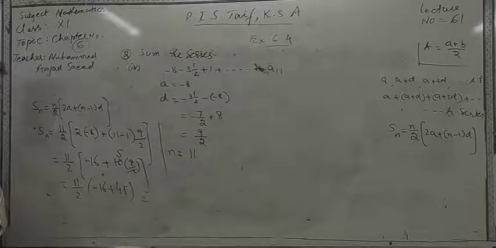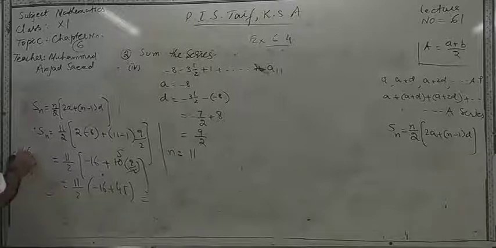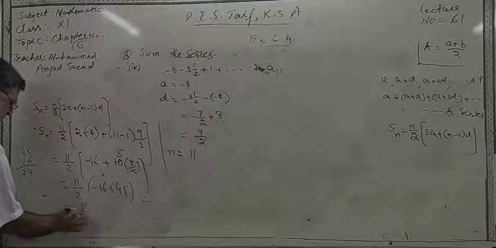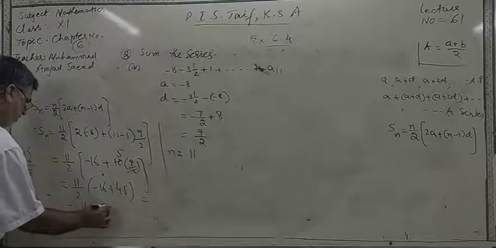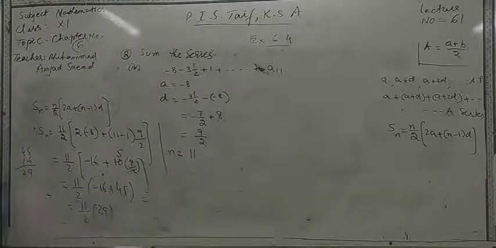Now you can have 45 minus 16. This will be 11 over 2 into 29.